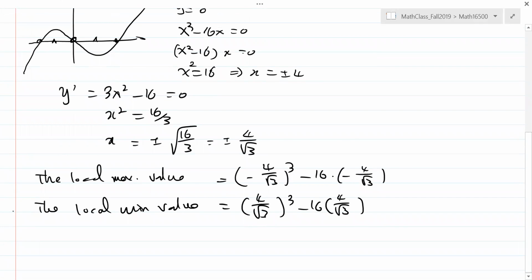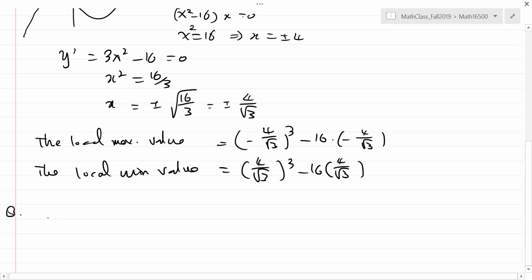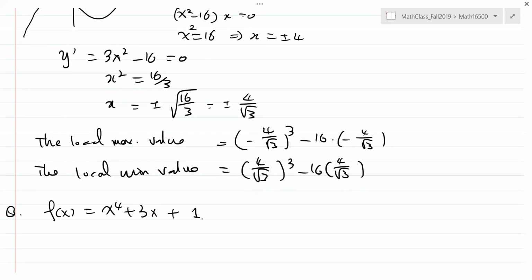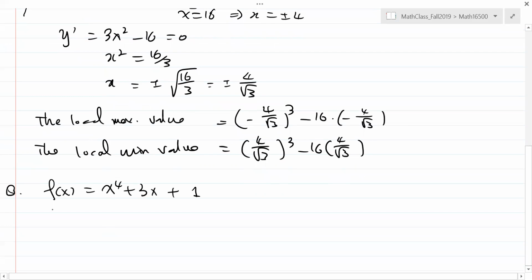Well, for a function of polynomial degree 4, it is hard to sketch the graph, but we want to check whether this equation has a solution.